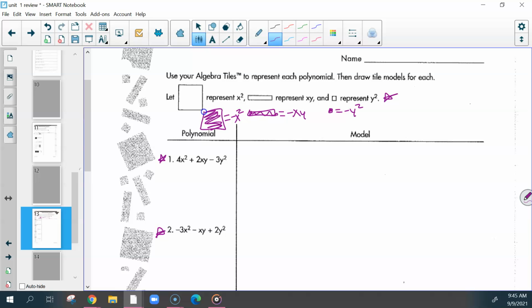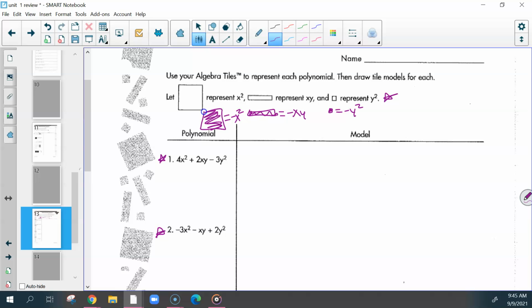But if I were to model 4x squared plus 2xy minus 3y squared, how would I do that? Using this key. Four x squared using this key.